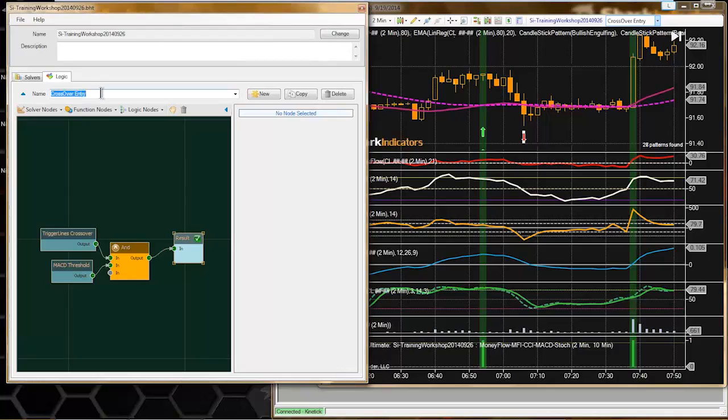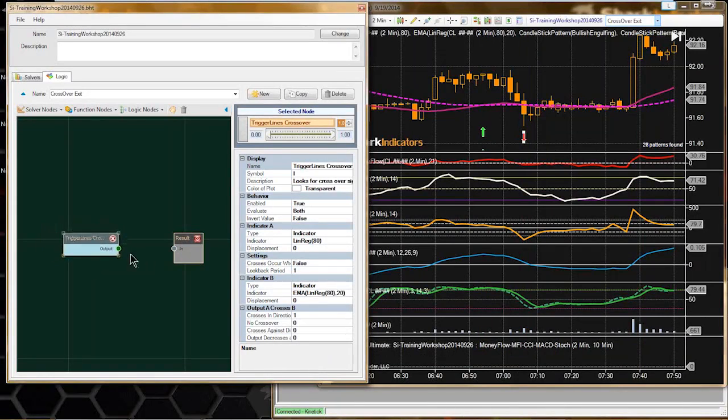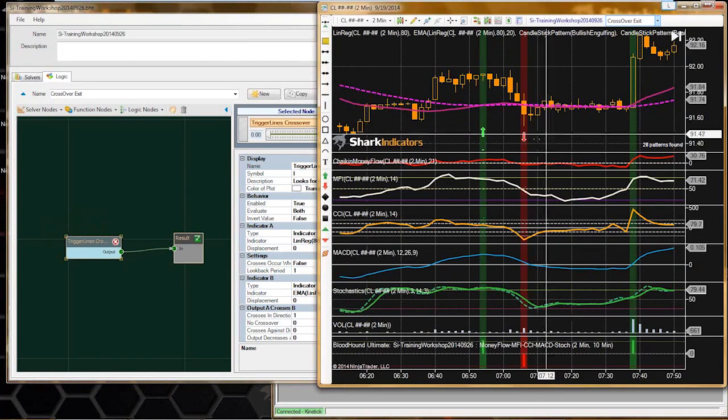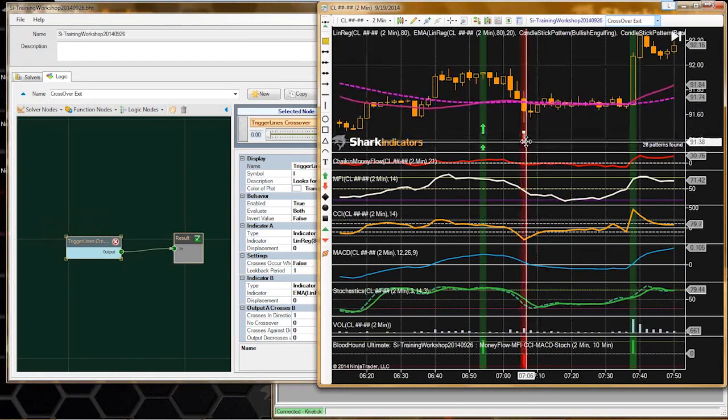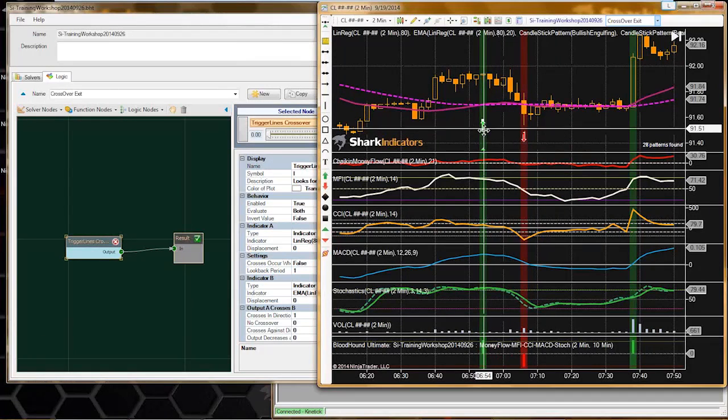All I need to do is take this logic template and copy it, and I'll call it my crossover exit now. All I need is just the crossover solver, by itself. This short signal coming out will exit this long position here.